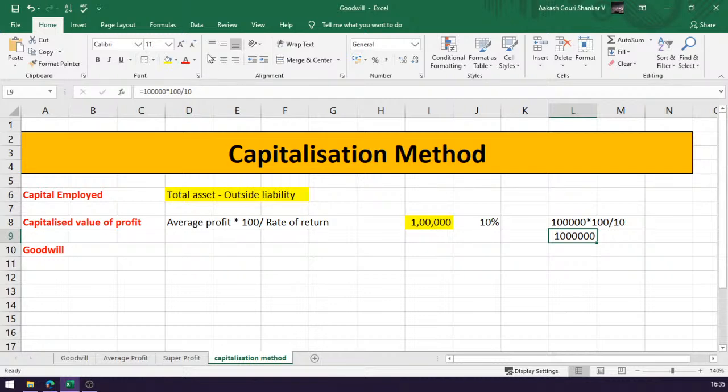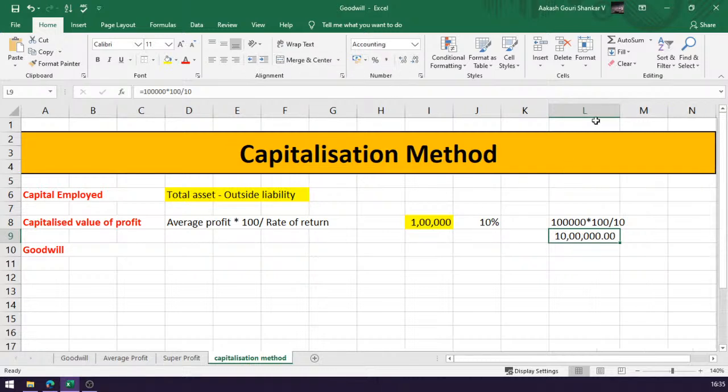If we have invested 10 lakhs, our return would be 1 lakh. The normal rate of return is 10 percentage, and if we have invested a capital of rupees 10 lakh, our return will be 1 lakh. This is what we are trying to find here.